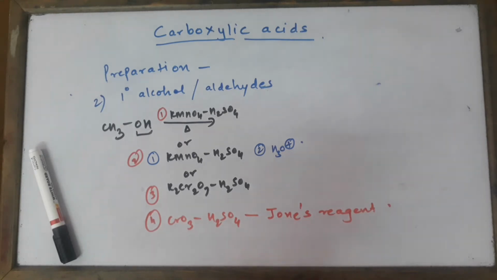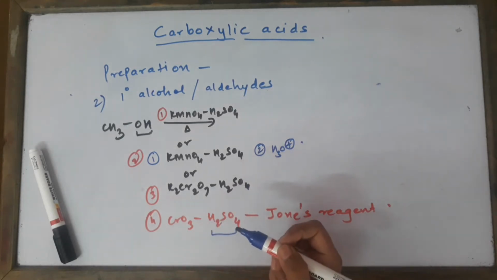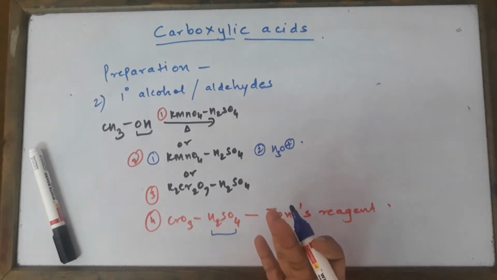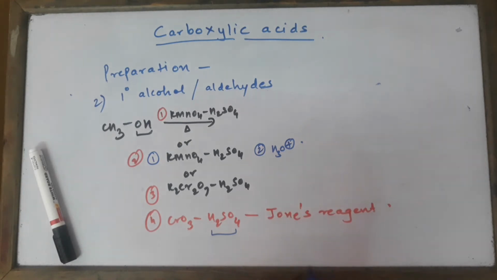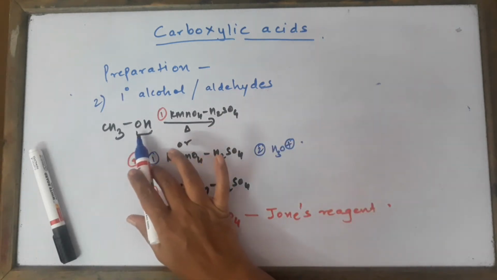And if I focus on these reagents, wherever I'm using an acid, like CrO3 with H2SO4, or K2Cr2O7 with H2SO4, the acidified technique is not going to be a good method in the present scenario because I'll get a salt first. So what will happen to the alcohol when I oxidize it?